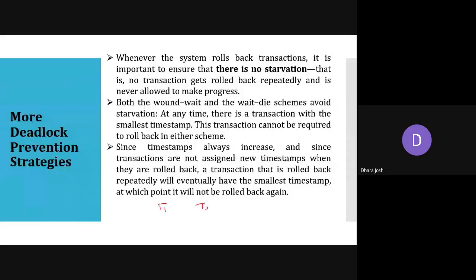Since the timestamp always increases, and since transactions are not assigned a new timestamp when they are rolled back, a transaction that is rolled back repeatedly will eventually have the smallest timestamp, at which point it will not be rolled back again. That means if we have transactions T1, T2, T3, and the timestamps for these are 5, 10, and 15.